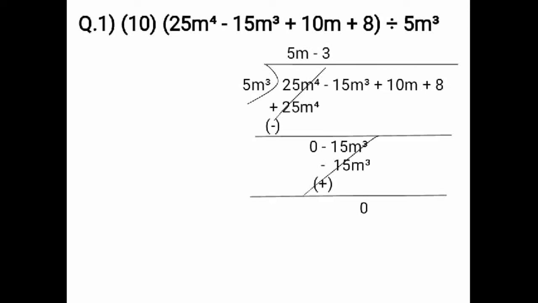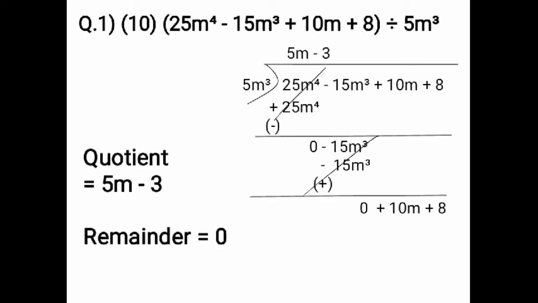Now third term and fourth term you have to bring it together, because it is not divisible by 5m cube. Because smallest degree of polynomials can't be divided by greatest degree of polynomials. So the remainder is plus 10m plus 8. Quotient is equal to 5m minus 3. Remainder is equal to 0.